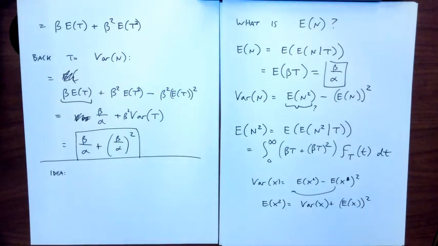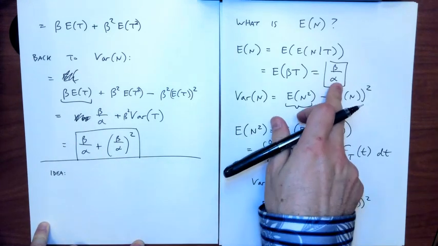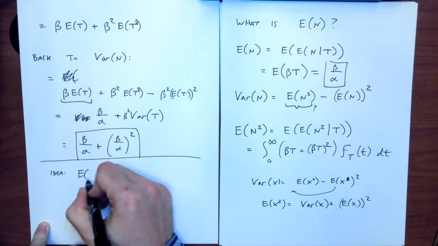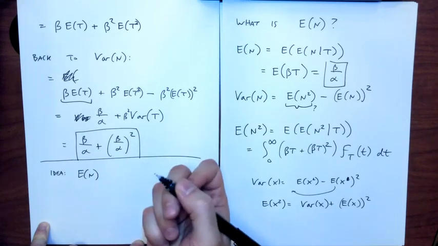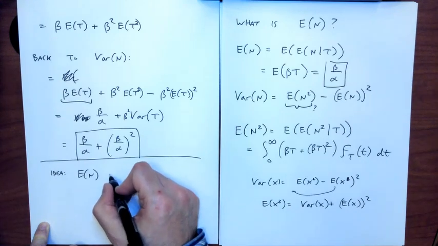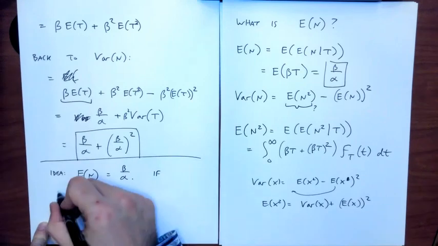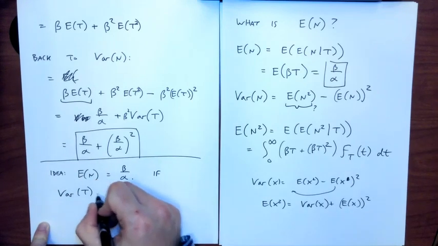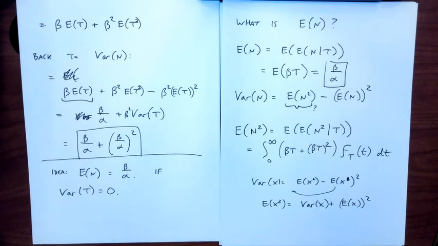Now, let's suppose that the mean of this n is always equal to whatever this number is, if the variance of T is equal to 0. That's like saying suppose there was absolutely no variation in the waiting time per person. They all took exactly 5 minutes every time, right?